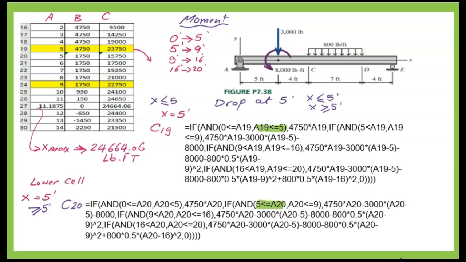The x value for the second point will be A20. We use bigger than or equal to 5 to get the value of the moment after the concentrated moment has been applied. And this value will appear at cell C20. This is the C20 cell.